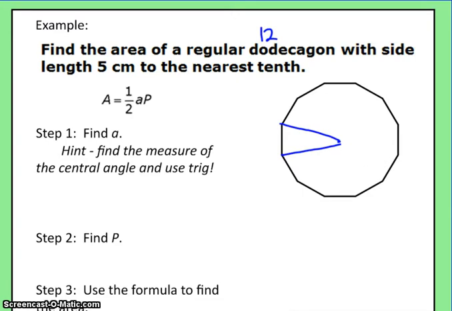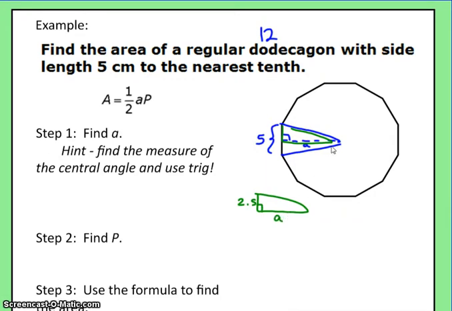Close enough. And this right here would be our apothem, A. We know that this side length is 5 centimeters. So if I pull out this little triangle right here, I have 2.5 for this side length, a right angle, and my apothem.